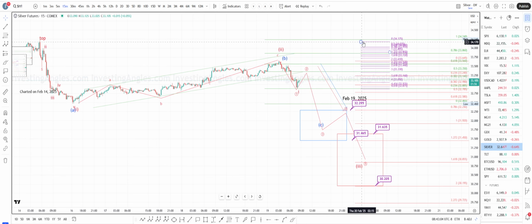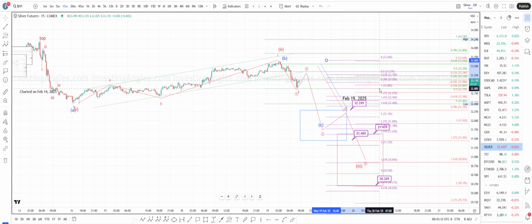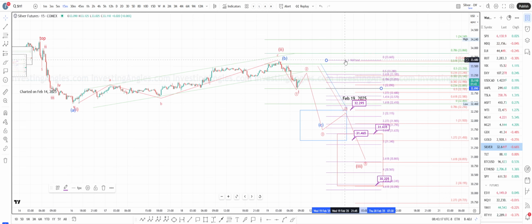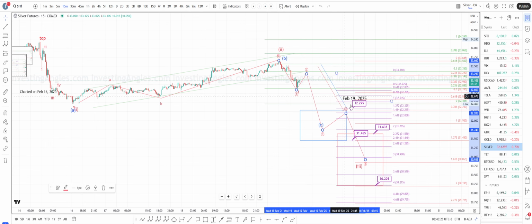And now we can try to do some preliminary estimates. So let's say, assuming this wave moves about 50% of the length of the initial wave down, then we would be looking for something like this, and this would be wave 3 somewhere here, then wave 4.